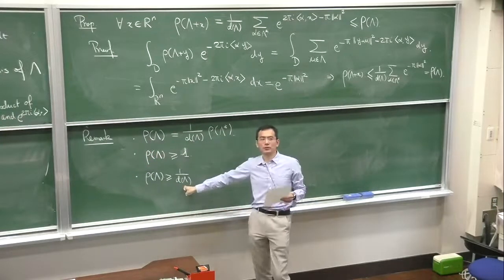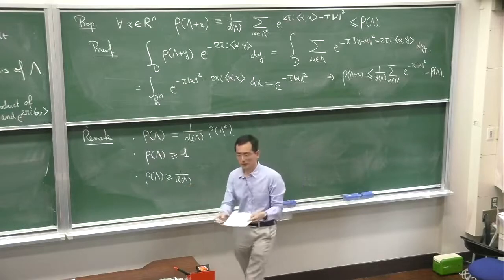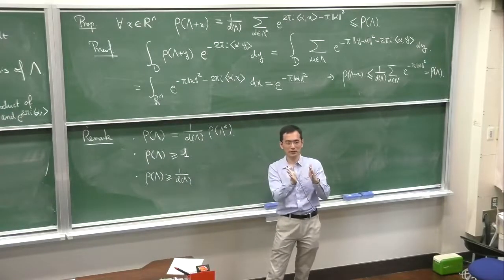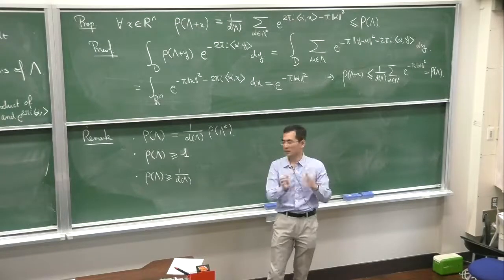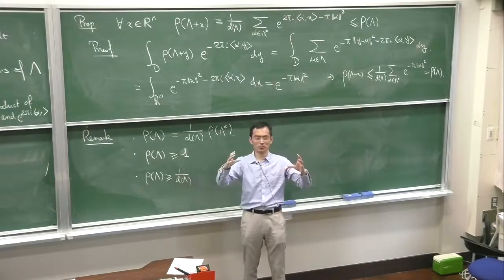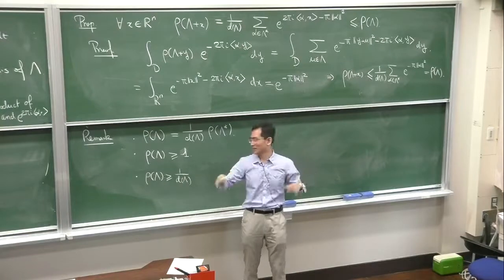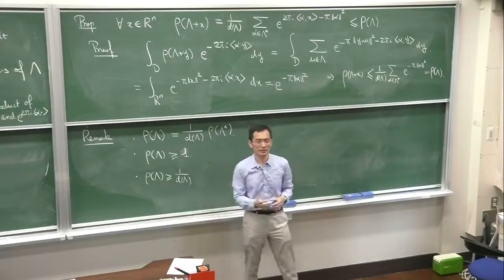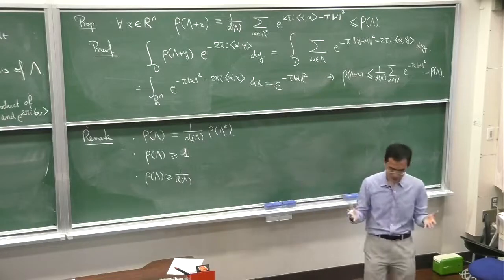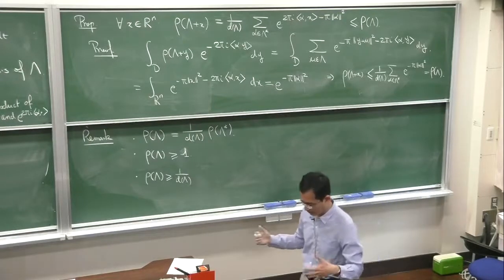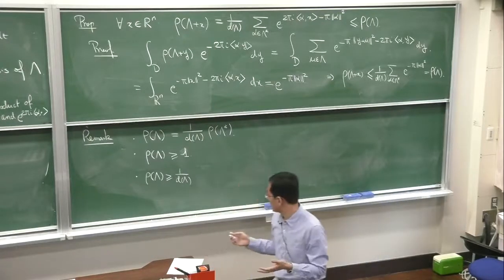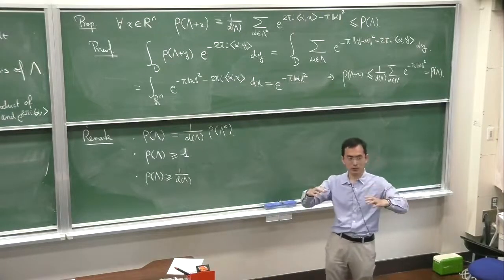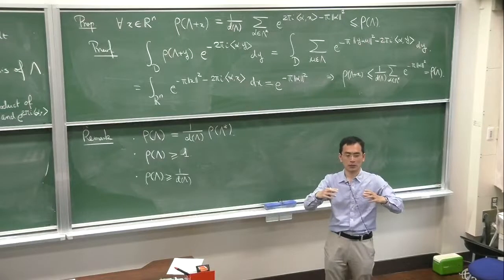So namely, if the d lambda is very small, so if the area of the fundamental domain is very small, then you have to count many lattice points in the rho lambda. Then you find some bigger thing. So that explains the idea that I have introduced before, that rho lambda detects the lattice points which are near the origin.